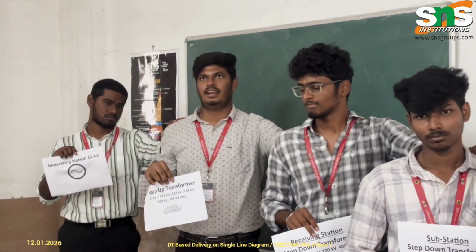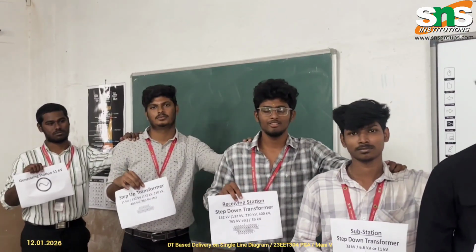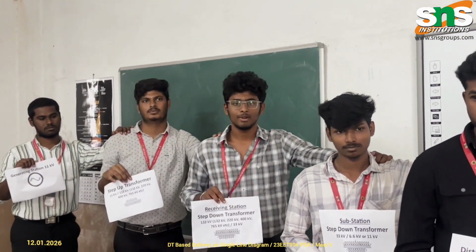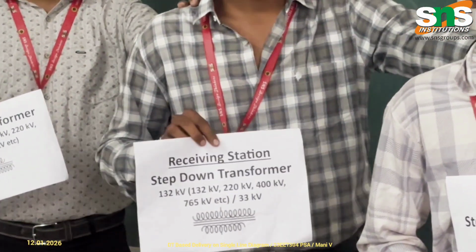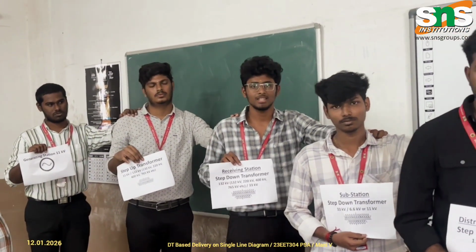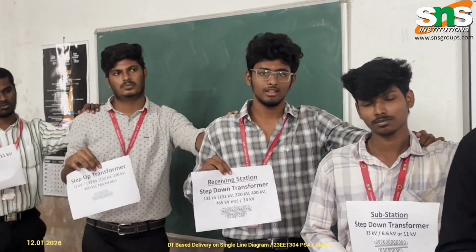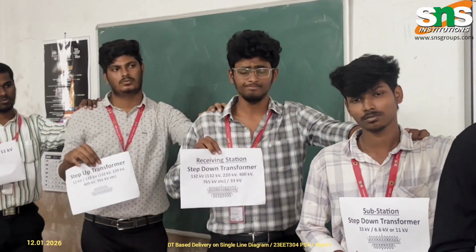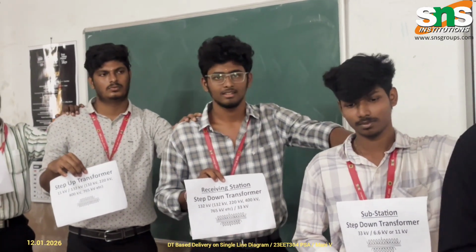This transmission is known as primary transmission. The receiving station receives the power at 132 to 220, 400 or 765 kilovolt from the generating station, and I step down and convert it into 33 kV and transmit it to the substation through secondary transmission.